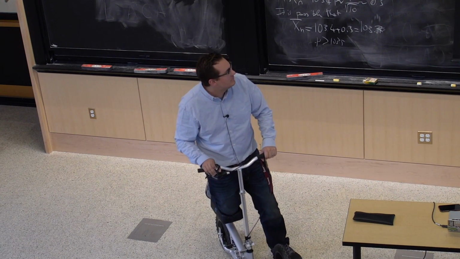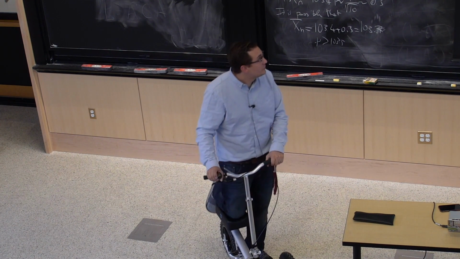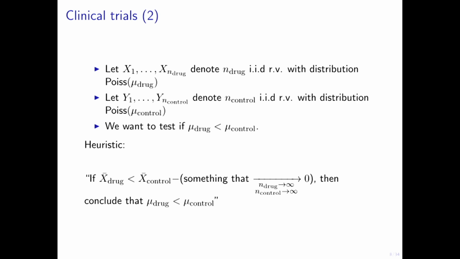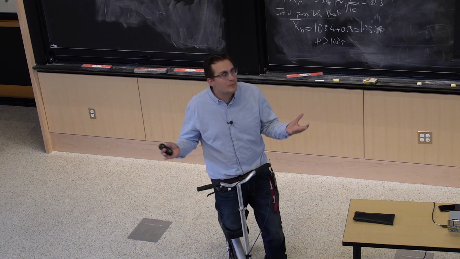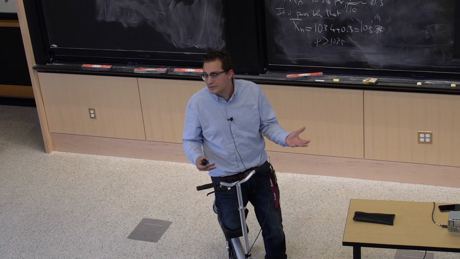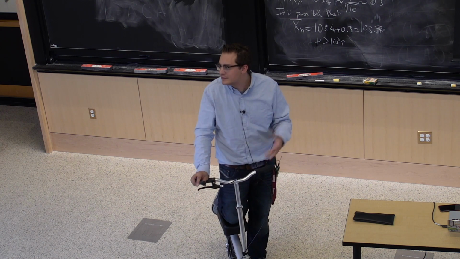All right, so for the clinical trials, now I'm going to collect data from the control group, and I'm going to collect data from the test group. My control group here, I don't have to collect the same number of people in the control group as in the drug group. Actually, for cough syrup, maybe it's not that important.